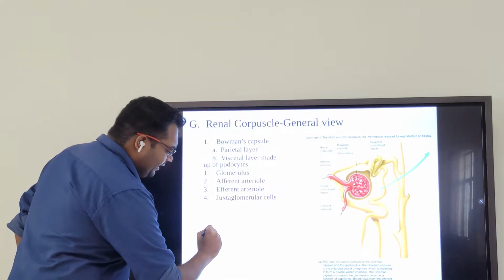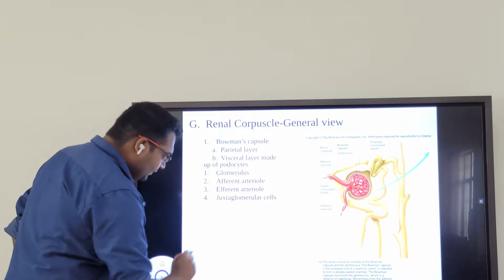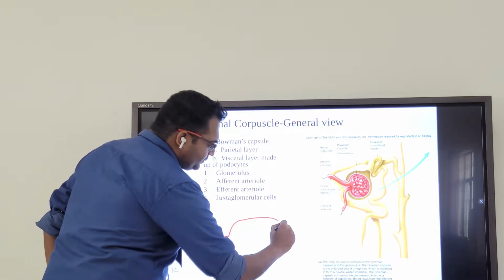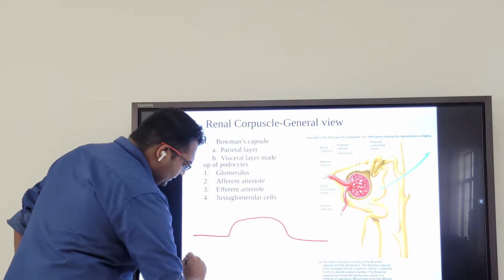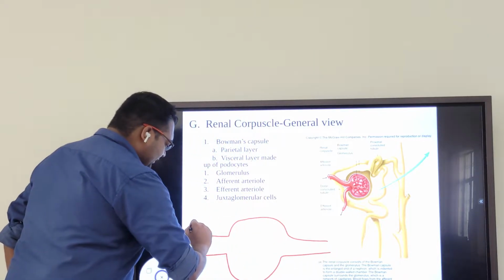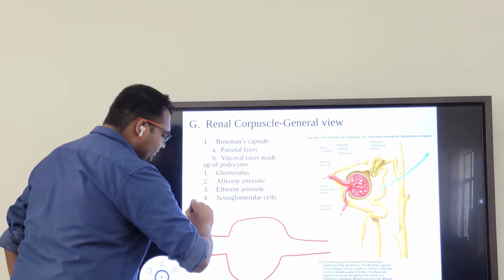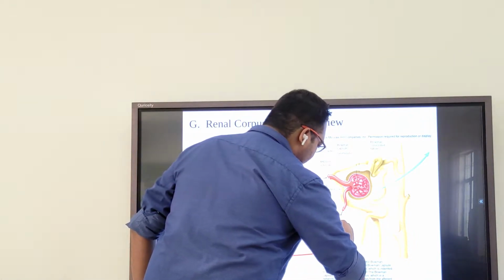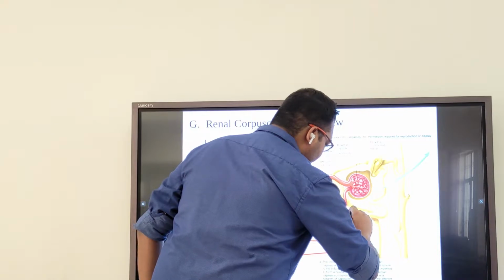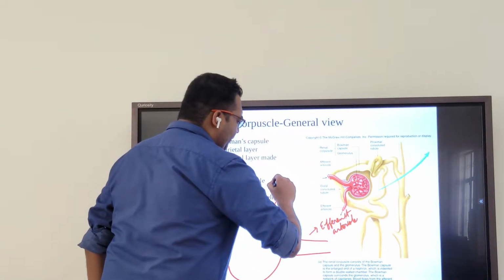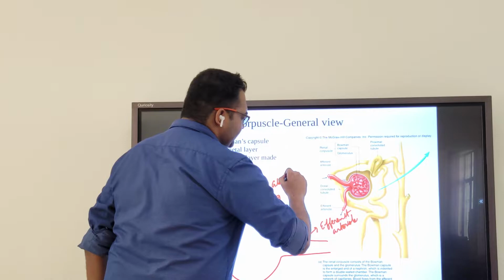When I was a student, I used to think that, suppose this is the afferent arteriole, this is your efferent arteriole, and here you have a lot of glomerular capillaries.